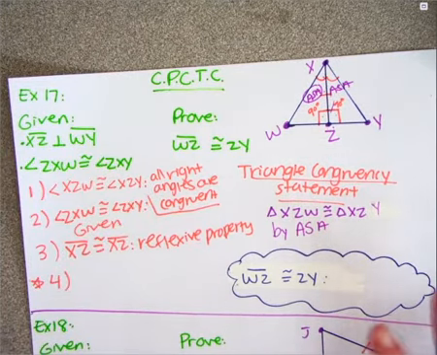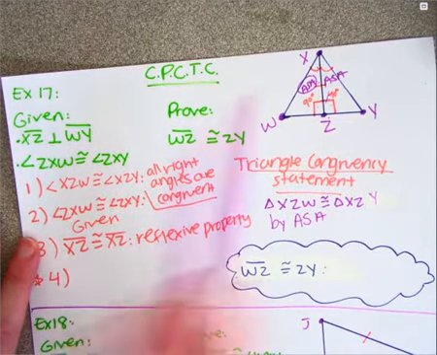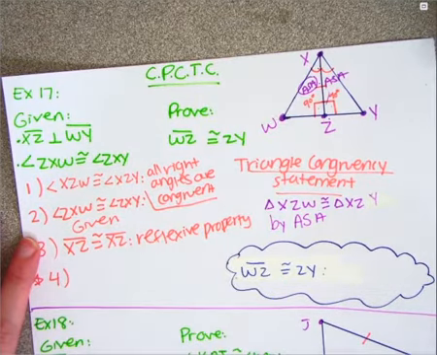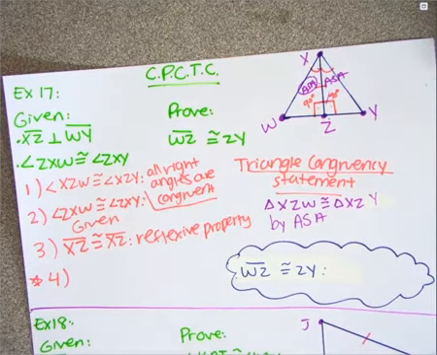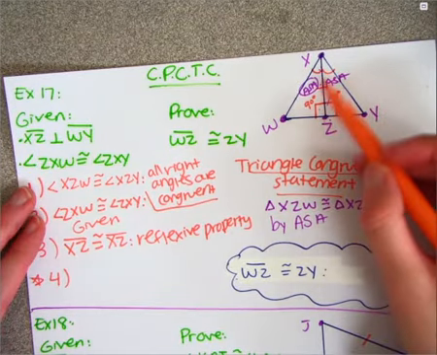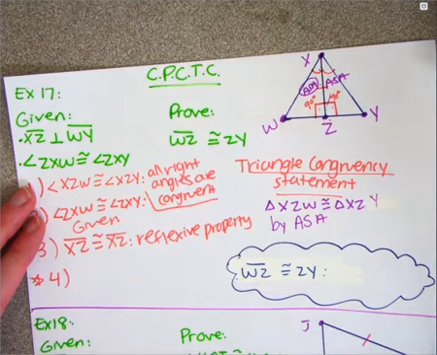But, hold your horses. There's something else I can mark in my picture that would show the triangles are congruent. So, do you guys spot another trick up your sleeve that you can use to show that angles are congruent? Well, if I know two of my angles are congruent, what can I use to show that the third angle, or the final angle, is congruent?